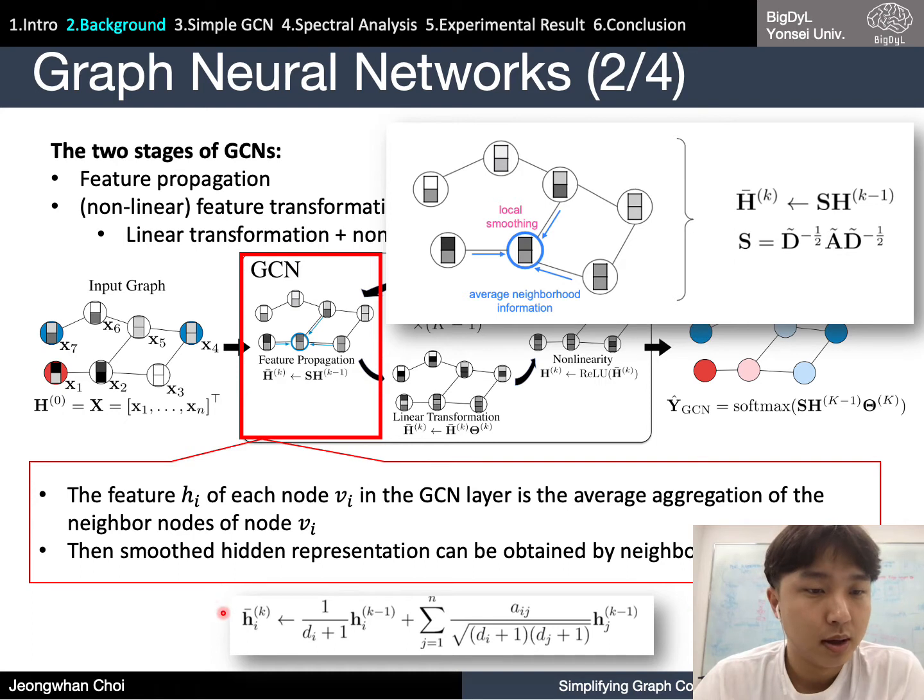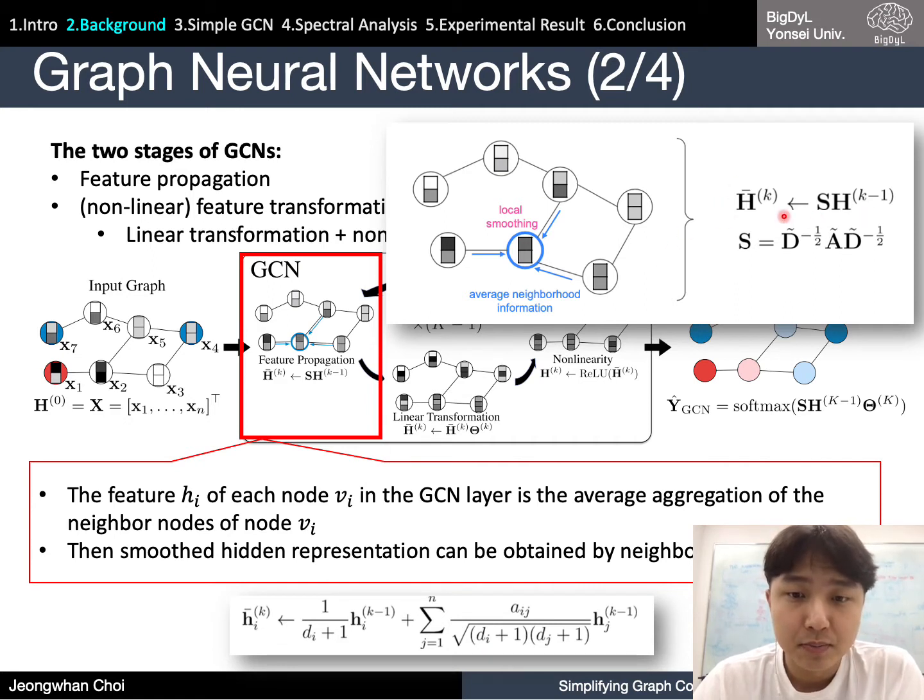In this equation, at the beginning of each layer, the features h_i of each node v_i are averaged with the feature vectors in each local neighborhood.